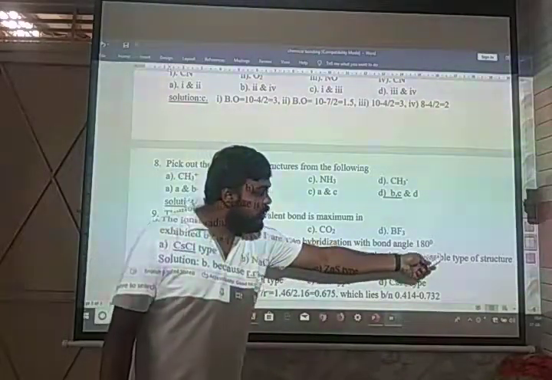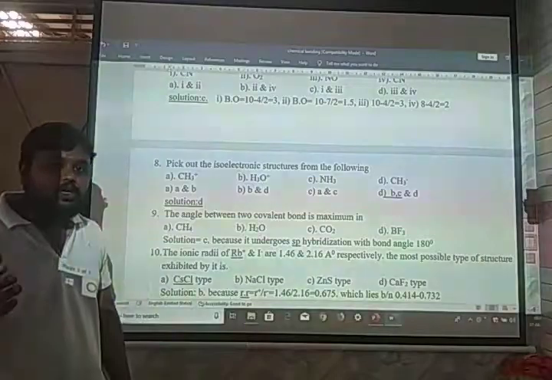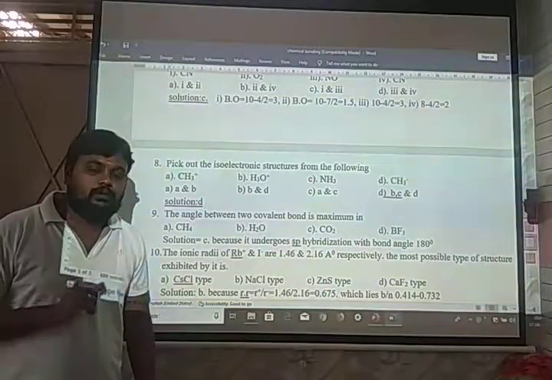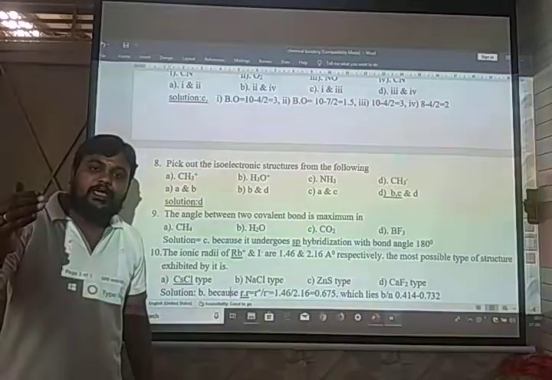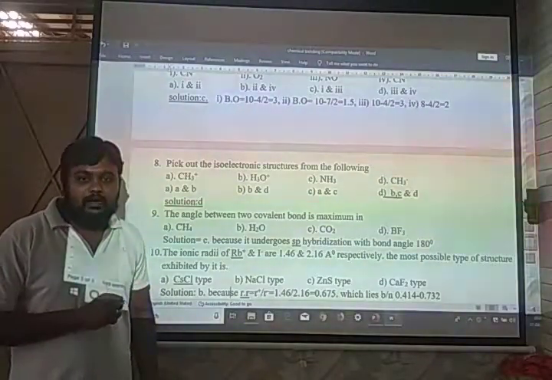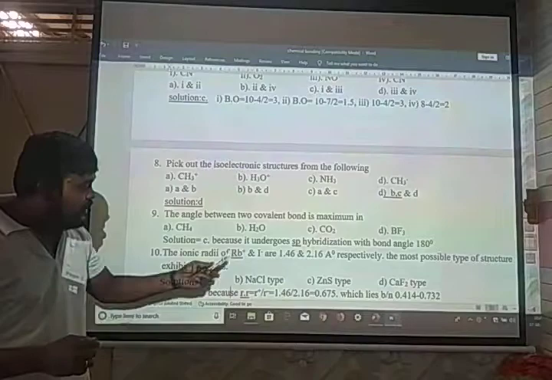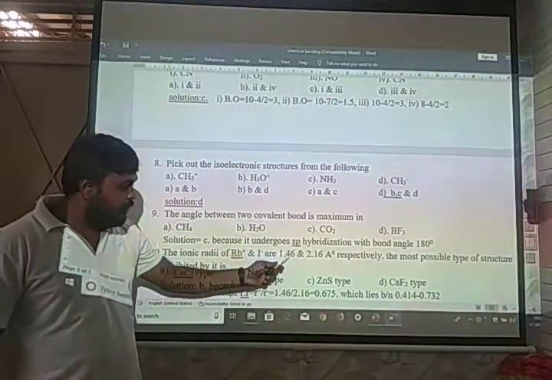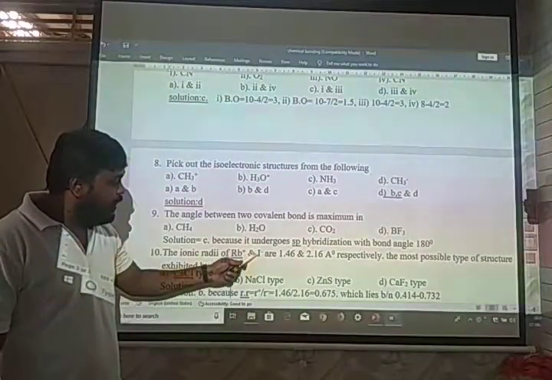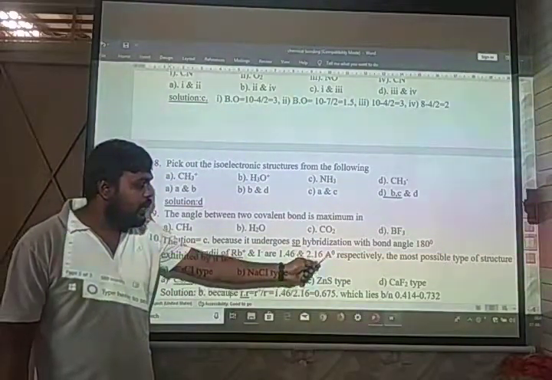What is the most probable type of structure? I told you in the synopsis itself about the radius ratio. The radius ratio can be calculated using the formula: radius of cation by radius of anion. Here we have two ions, one cation and one anion. The radius of the cation is 1.46 angstrom and the radius of the anion is 2.16 angstrom.